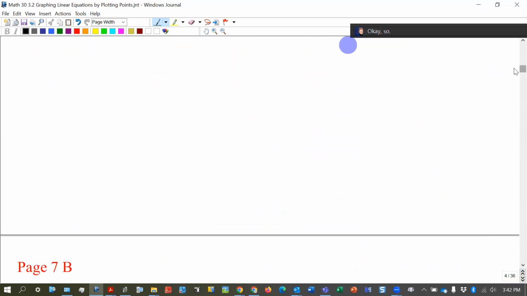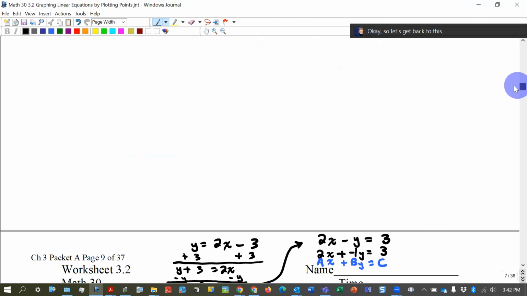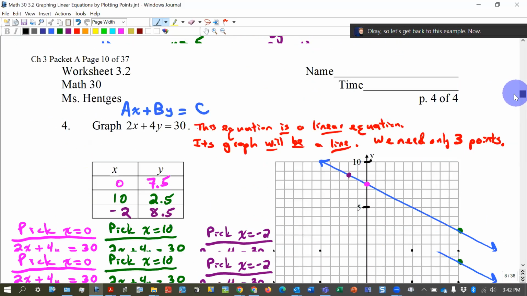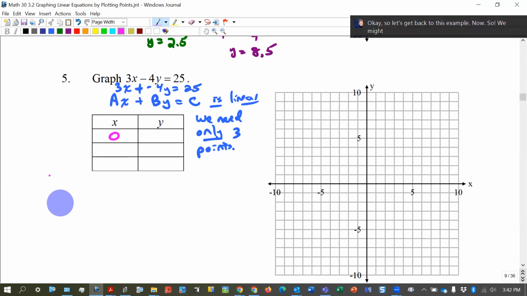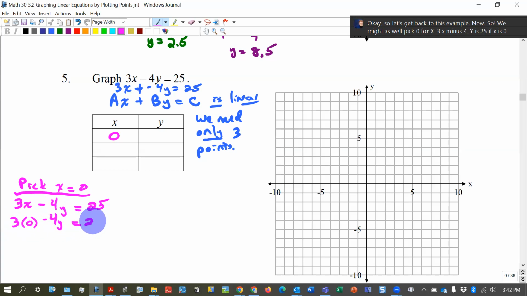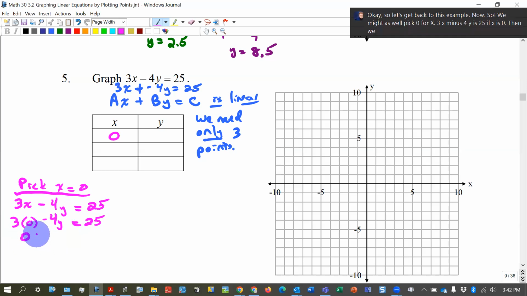Okay, so let's get back to this example now. We might as well pick 0 for X. 3x minus 4y is 25. If X is 0, then we've got 0 plus negative 4y.